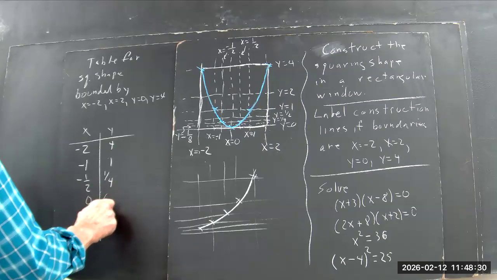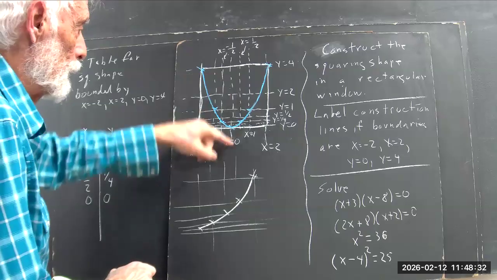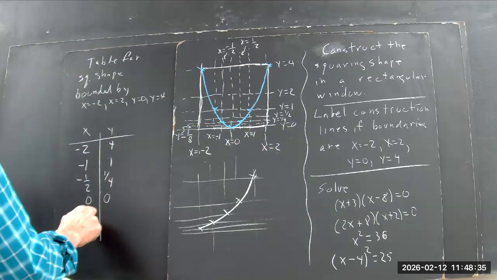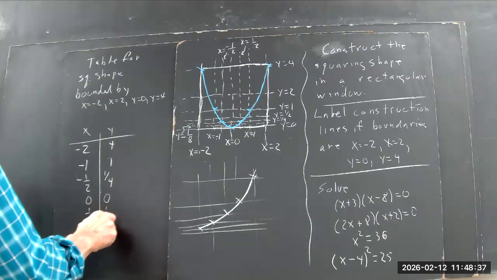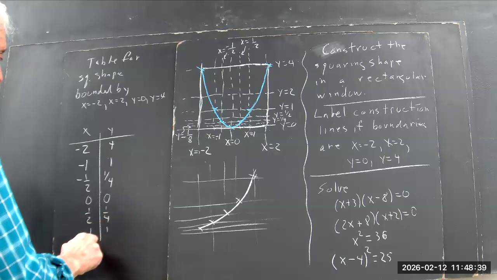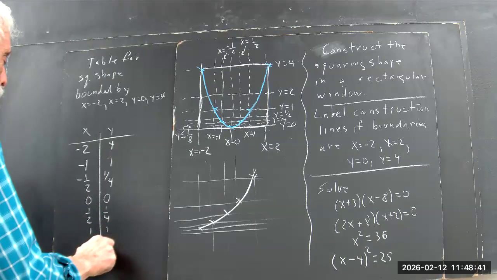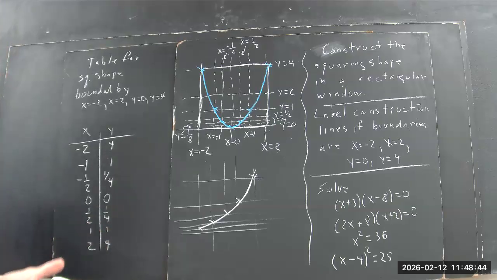And we list the others. X equals 0, y equals 0, then 1/2, 1/4, 1, 1, and 2, 4. There's the table.